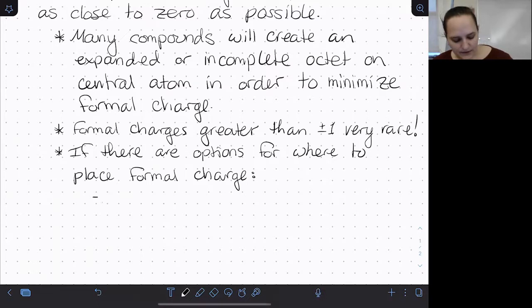Essentially, negative formal charges are more stable on more electronegative elements.